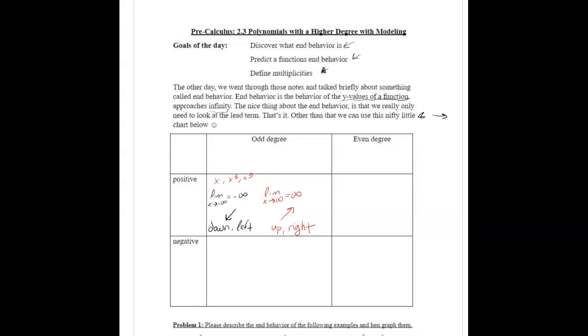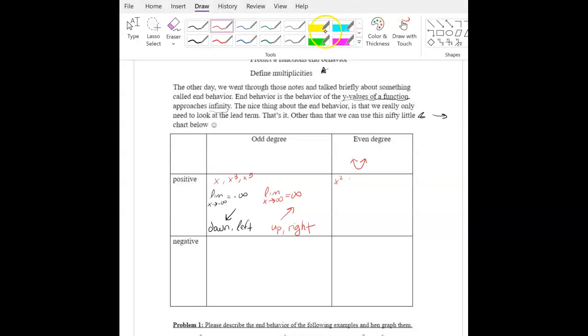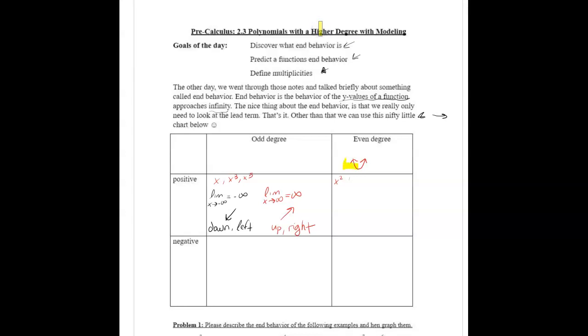Alright, so what if it's positive with an even degree? Like what if it's x squared? Well, x squared is positive, so we know that it's a parabola with a happy face. So what's going to happen as I'm going to the left? Well, I'm going up, which means the limit as x goes to negative infinity is going up towards positive infinity.